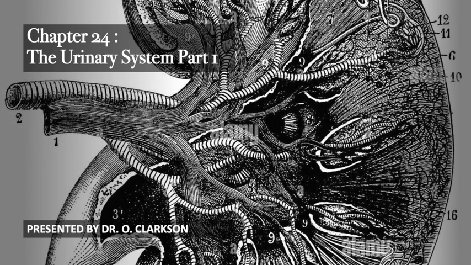There shouldn't really be any large proteins pulling filtrate into the capsular space. So the major pressures we're going to be dealing with are the glomerular hydrostatic pressure, and the capsular hydrostatic pressure pushing back into the glomerulus. If you want to calculate net filtration, you would take the glomerular hydrostatic pressure plus the capsular osmotic pressure.